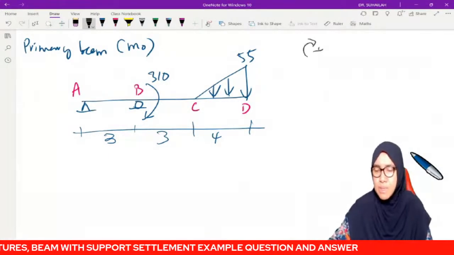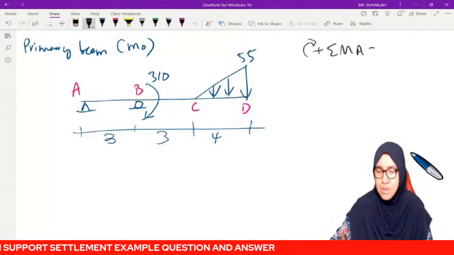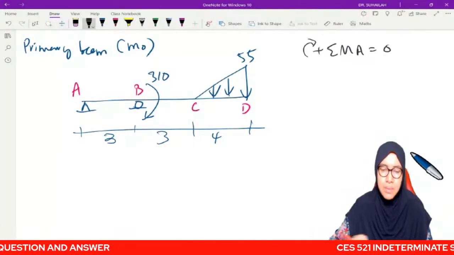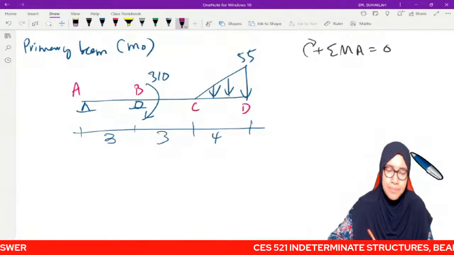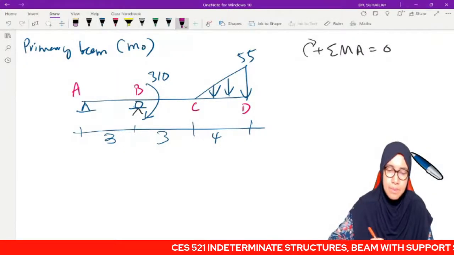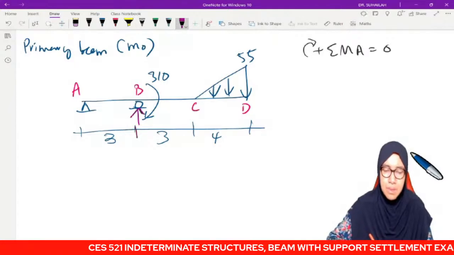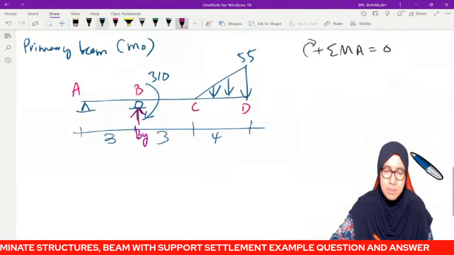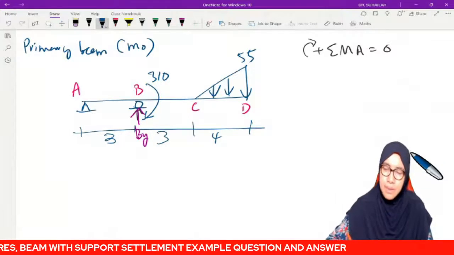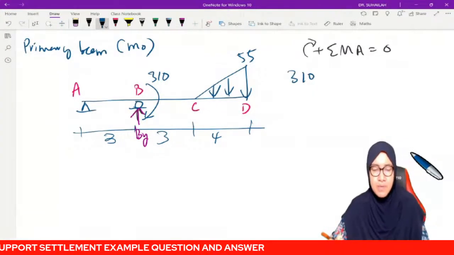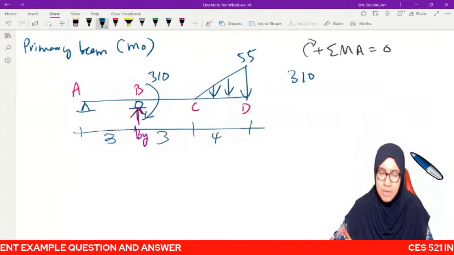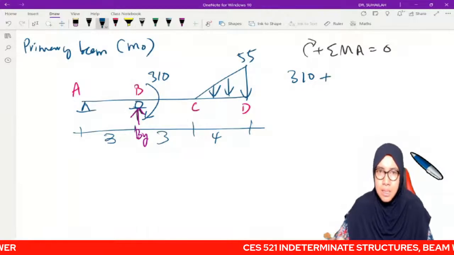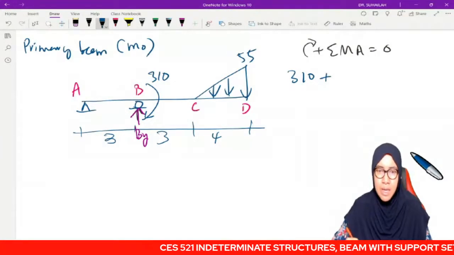Taking moment at A is equal to 0, we get here By. So it is 310 positive, plus the moment of the triangular load.